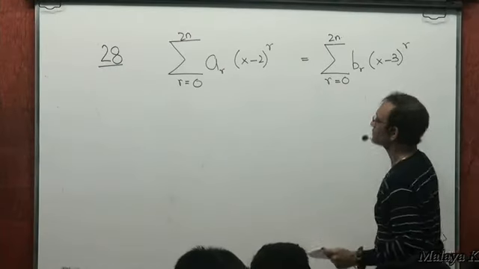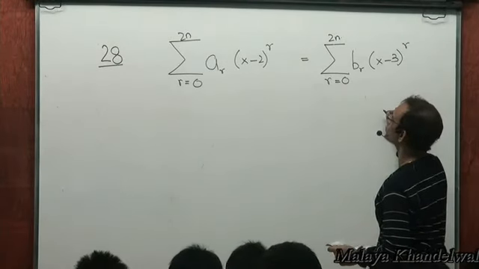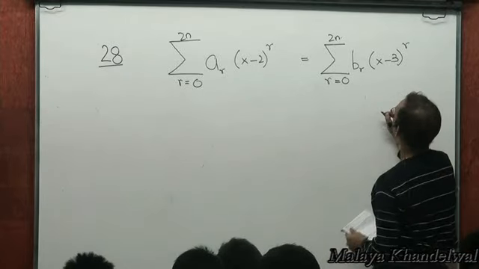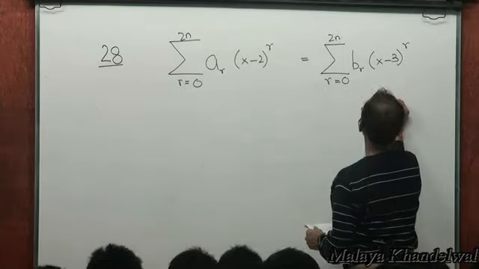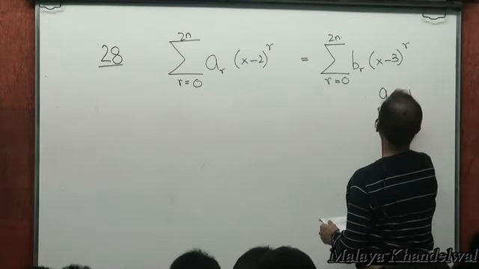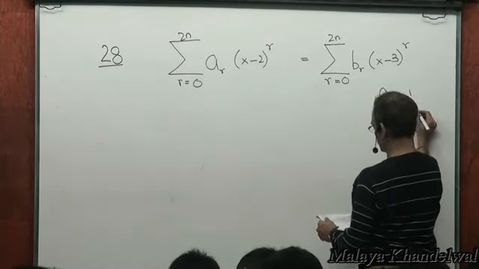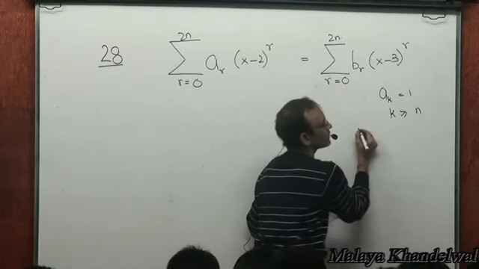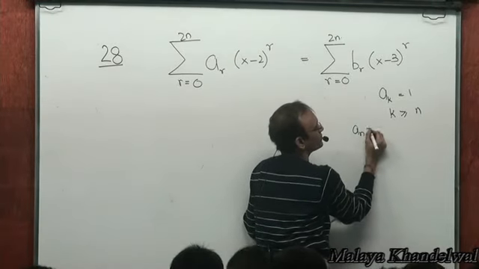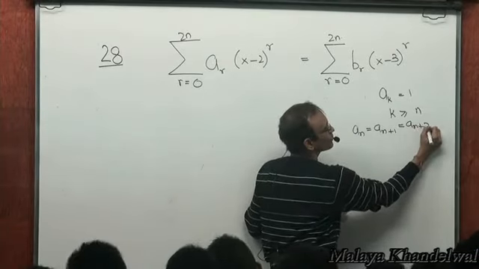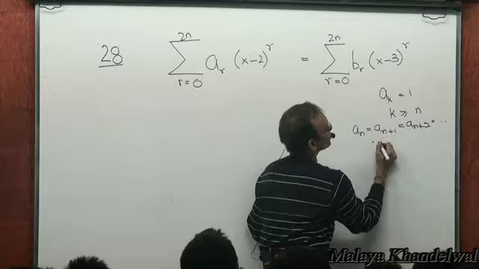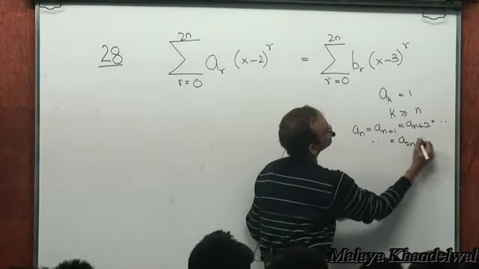This is given. Summation AR x minus 2 to power r is summation BR x minus 3 to power r, and AK is 1 for all k greater than or equal to n. That means AN would be equal to AN plus 1, would be AN plus 2, etc. A2n, each will be equal to 1.